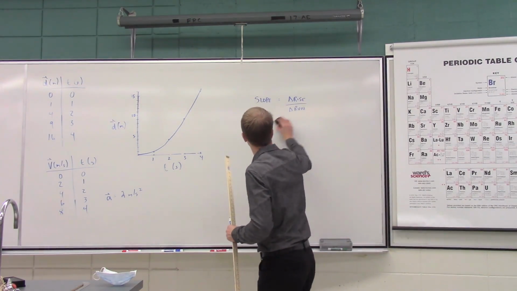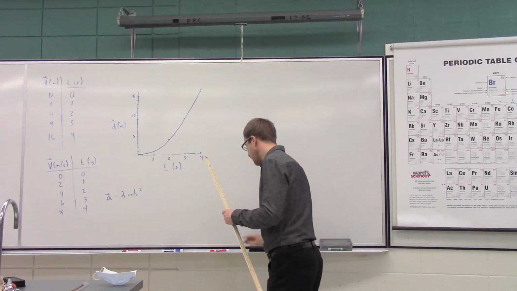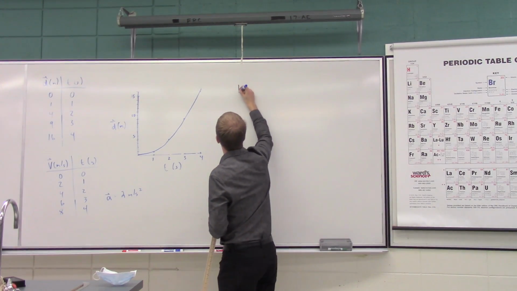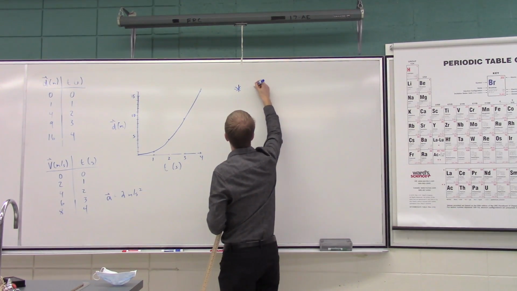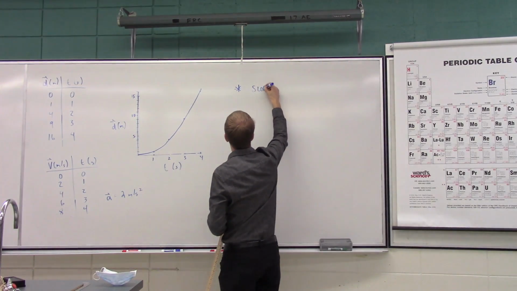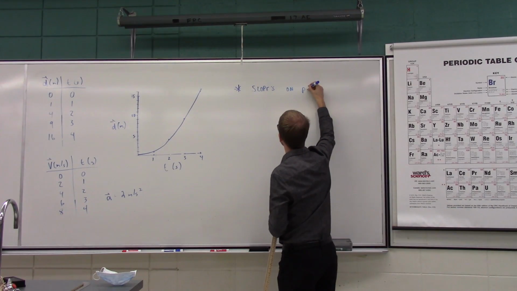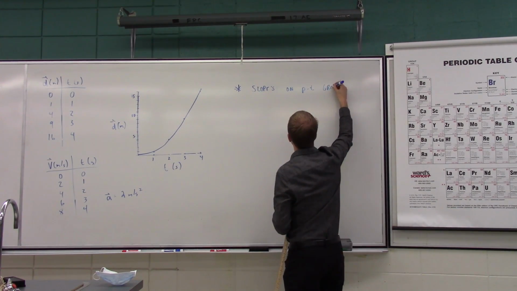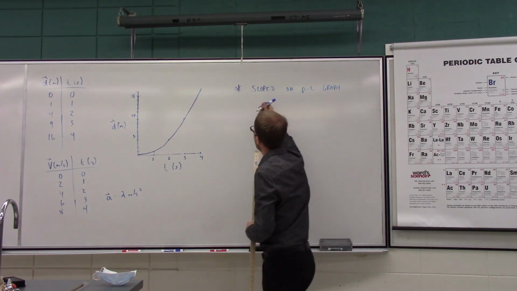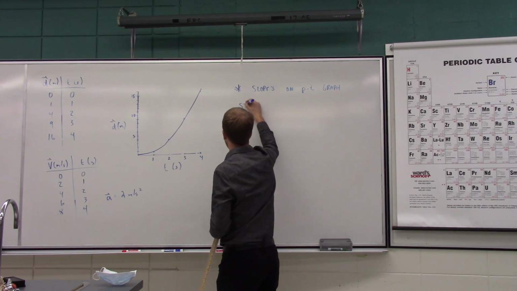So let's put another big asterisk here. When we're talking about slope on a position-time graph, what does a straight line represent?